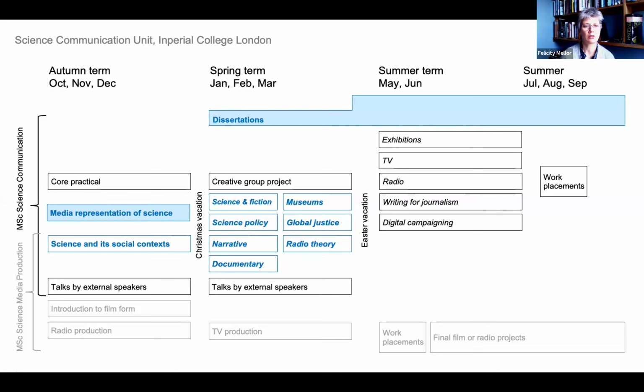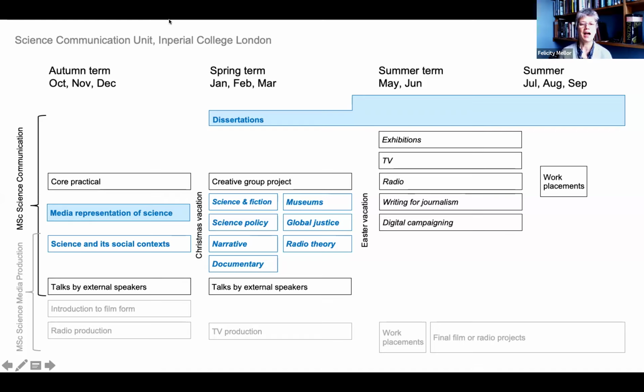It's a 1-year course, or 2-year for part-timers, but we don't have many part-timers each year. It's been running for about 34 years now, so it's been going a good long time, and probably hasn't changed a huge amount since then. Oops, we've lost the slides.